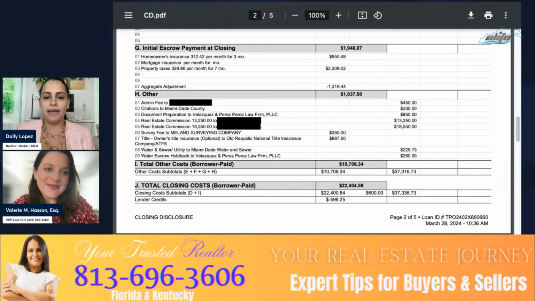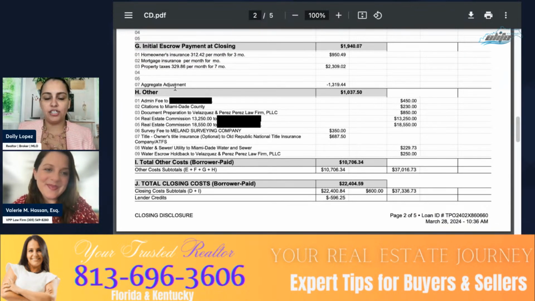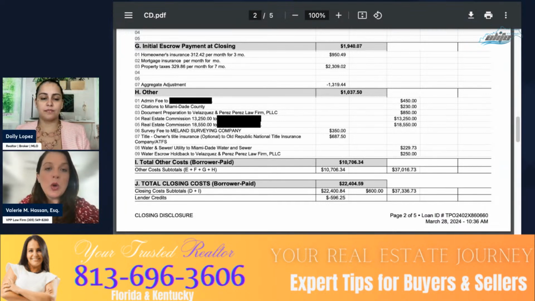Perfect. Okay. And then what about this aggregate adjustment? The aggregate adjustment is a federal regulation. They are not allowed by federal law to collect a certain amount of money. So because of the fact that they're collecting 7 months in property taxes and 3 months in homeowners insurance, there's a maximum of what can be collected initially in an escrow account.